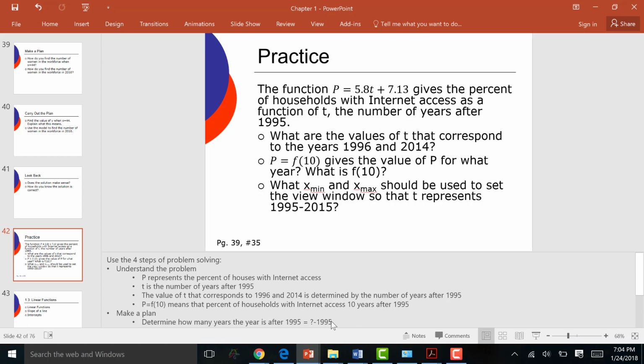After when? 1995. All right, 1995. What else? What does P represent? What does it mean? Percentage. Okay, it's just a percentage of what? Households with internet. I'm just going to put households with internet. Okay, all right, we got what we're given.